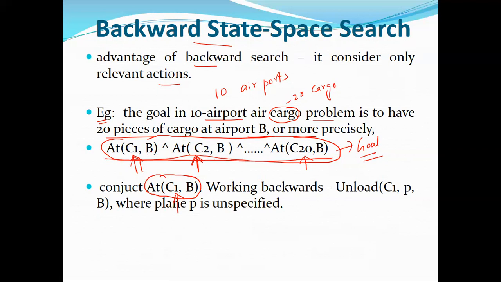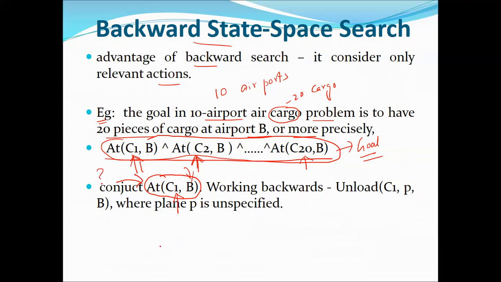If the cargo C1 should be at airport B, then what should be the previous state of that? If you want cargo C1 at airport B, then what should be its previous state? Previously, what state should be there so that it can reach this particular state?